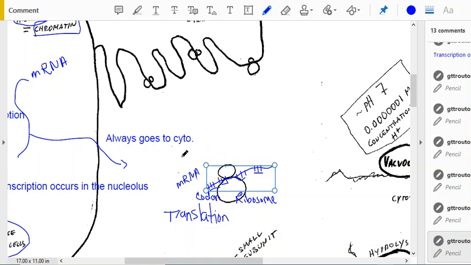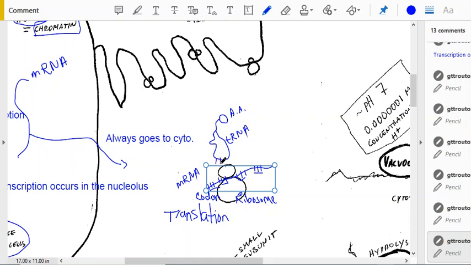So as part of translation, what's going to happen, and this will come in more detail later, is that tRNA molecules, which I'm going to draw up here, have amino acids attached to them. That little circle up there is an amino acid. I'm going to abbreviate that AA. And this is a tRNA molecule.